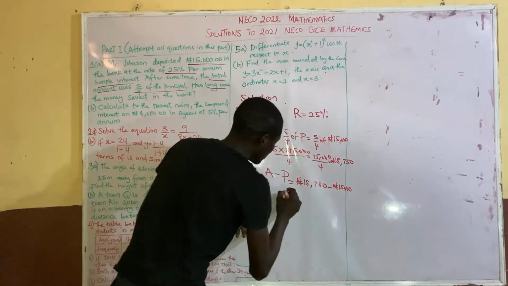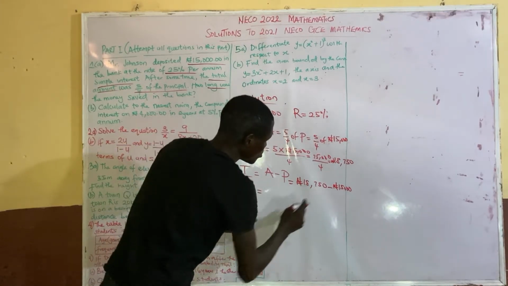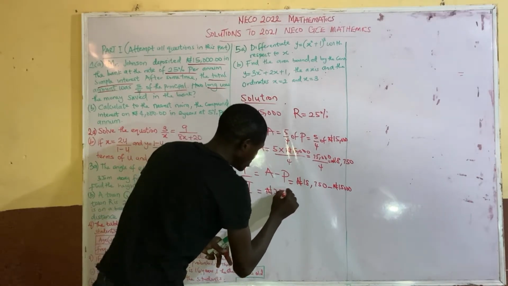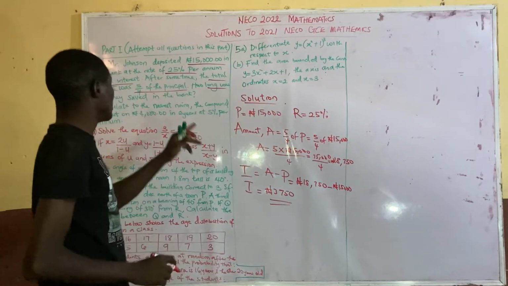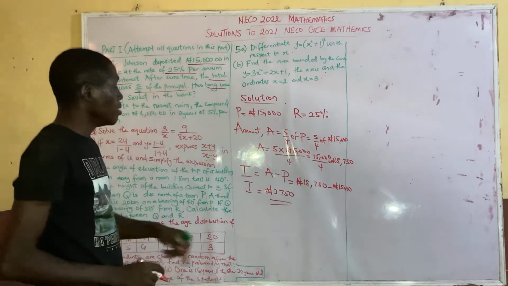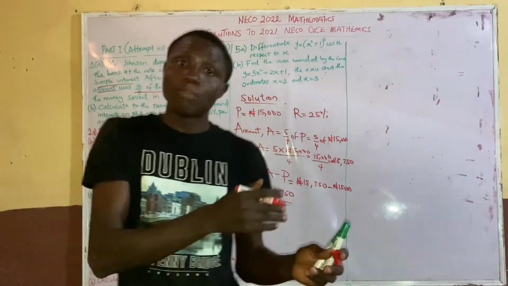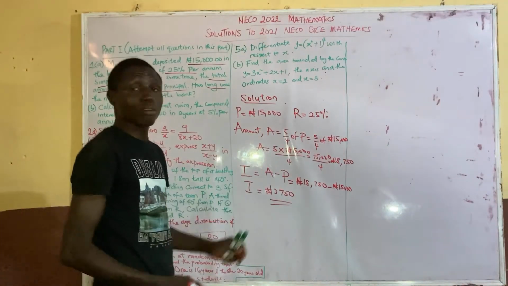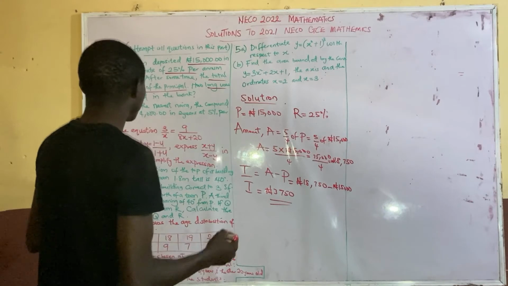So the interest is 18,750 minus 15,000, which is 3,750. This is our interest after some time, because the amount is principal plus interest. So to get the interest, subtract the principal from the amount.